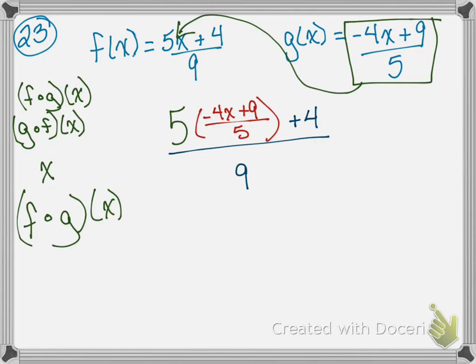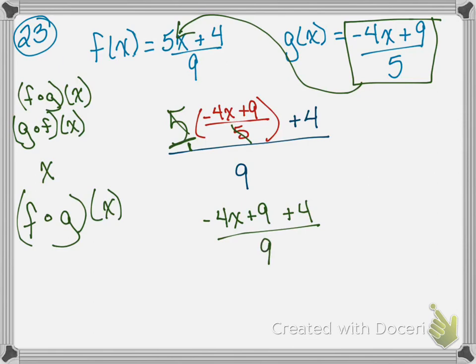Now, as I simplify this, and let's simplify this using green, this is 5 over 1 right here. So I can actually mark these two out, and then I'm dealing with much easier numbers. So I have negative 4x plus 9 plus 4 over 9. Okay?